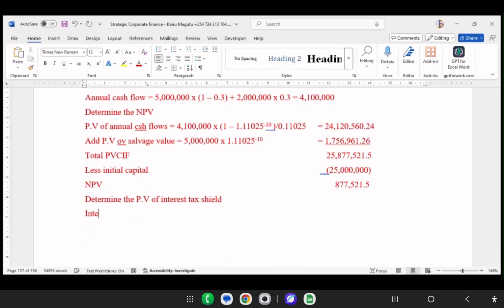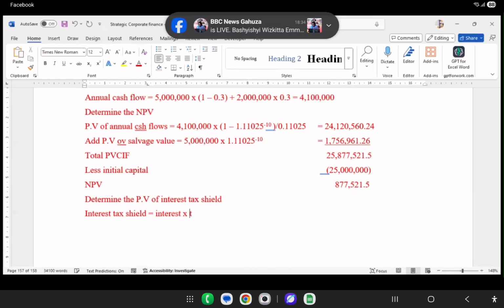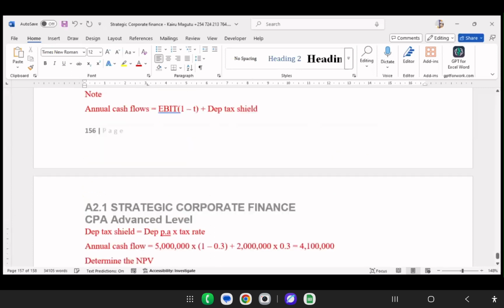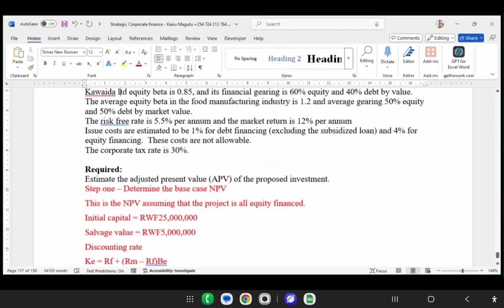We say that interest tax shield is equal to interest multiplied by tax rate. How much is the interest? Interest is equal to, out of the 9 million, there is that portion that is financed by the government.